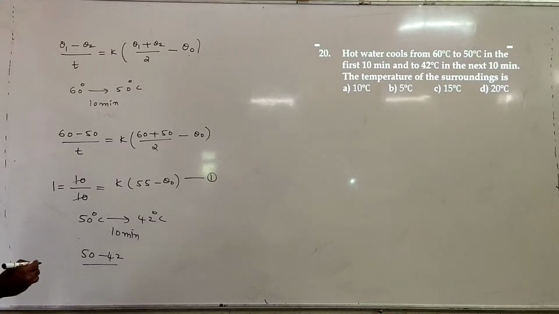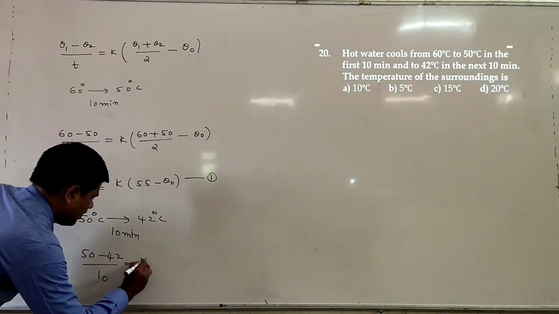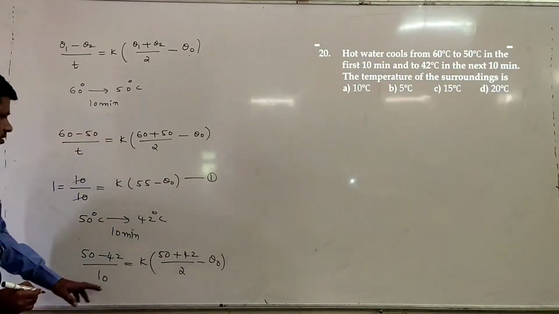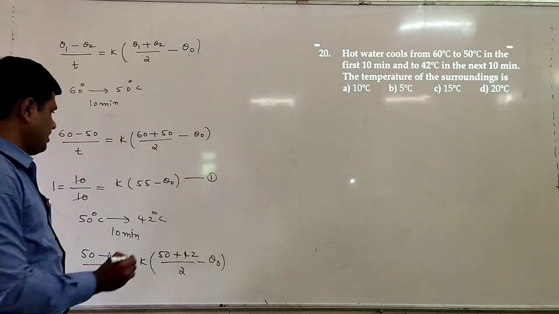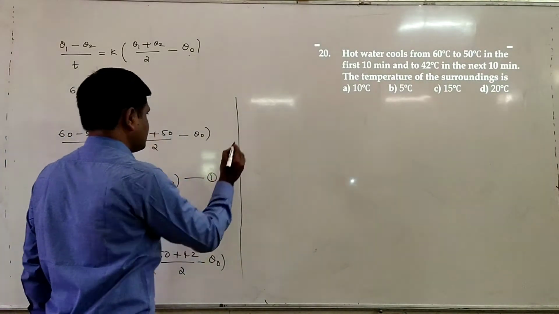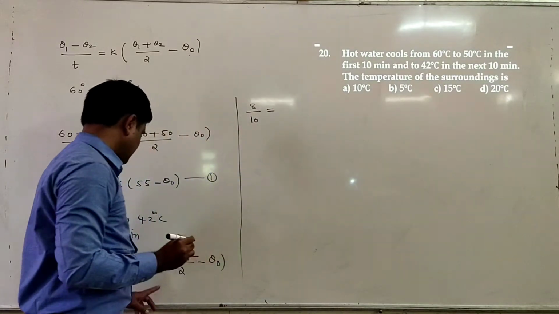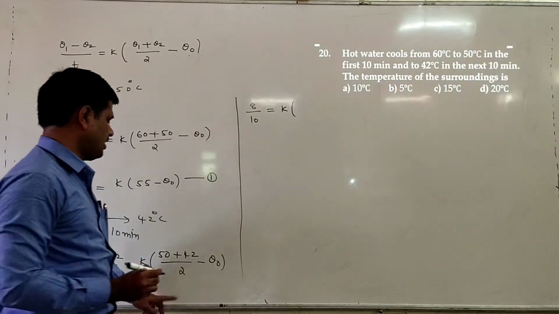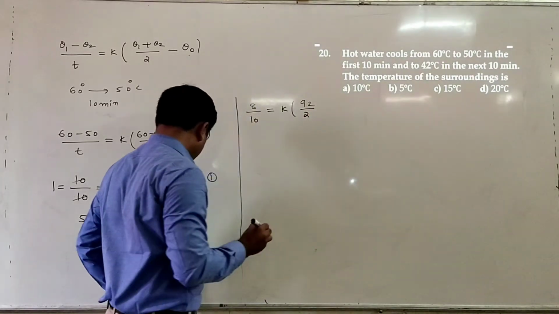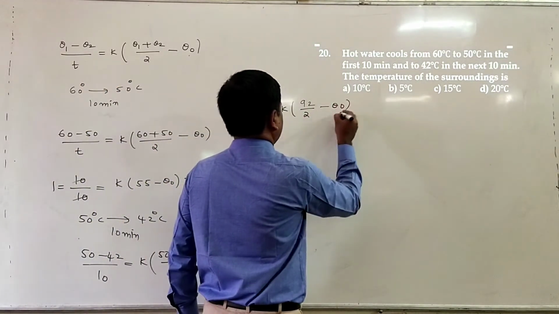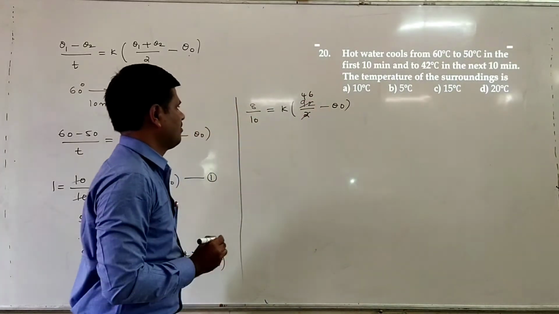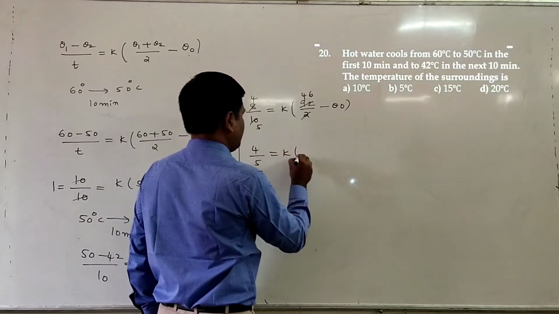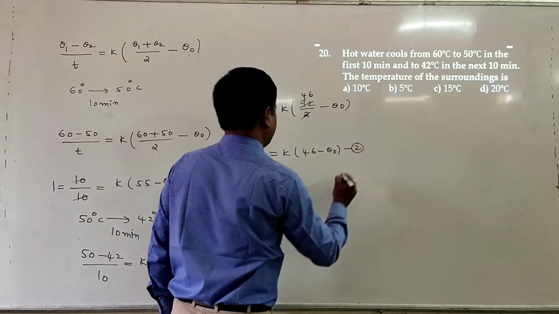Here also, (50 minus 42) by 10 is equal to K into ((50 plus 42) by 2 minus theta naught). 50 minus 42 is 8, so 8 by 10; 50 plus 42 is 92, and 92 by 2 is 46. Simplifying, 4 by 5 is equal to K into (46 minus theta naught). This is equation number 2.